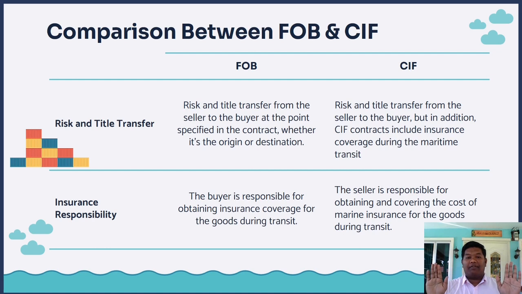But as for CIF, the seller itself is held liable for their own goods or products. So basically, in a CIF contract, the seller will bear all costs, from the shipping cost and the transportation cost to the destination port cost. Insurance is under the seller's responsibility. I think that's all from me.